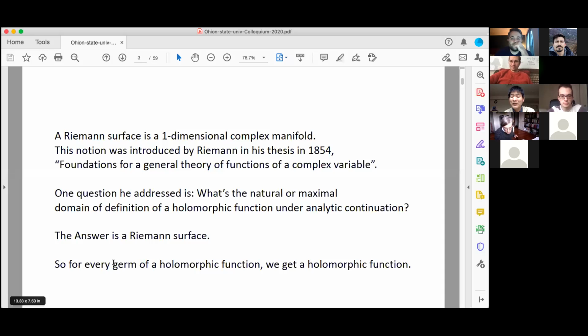If you have never tried before, I encourage you to take a look. One question he addressed in this thesis is, what's the natural and maximal domain of definition of a holomorphic function under analytic continuation? The answer is the Riemann surface. So for every germ of holomorphic function, we get a holomorphic function. Another major result of the thesis is the Riemann mapping theorem. So it's not a bad thesis.